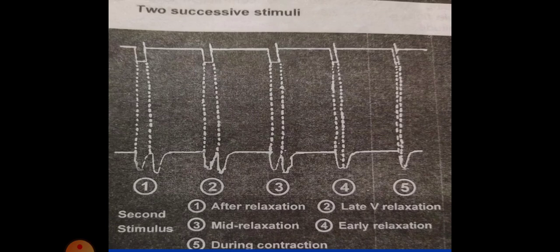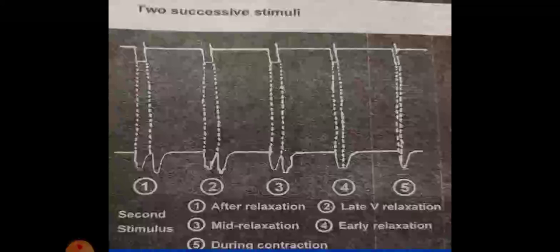The point where diastole is over and systole is going to start, we give a stimulus at that point. It is showing some response, and you can see the response is slightly larger. So you have already seen that property, that because of the extra systole premature beat, a larger response is seen.